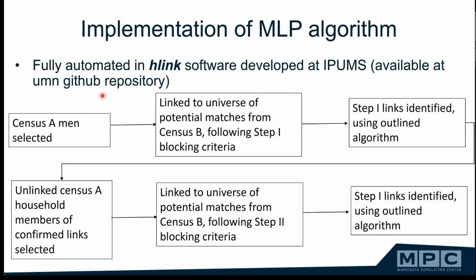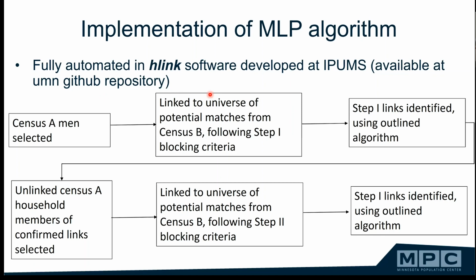But I know that Kelly is listening in, so if you have questions about that, I'm sure she can address them later. But what I do know and what I can tell you is that, especially for data that is similar to the U.S. Census data, it should be reasonably straightforward to tweak the HLink software to be used on your specific data.